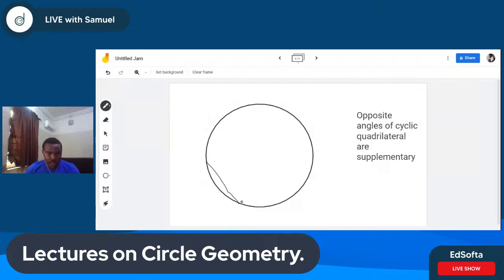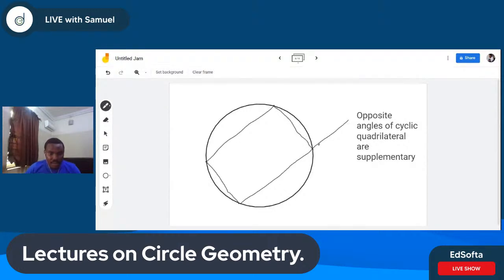If you have a triangle inside a circle also, that triangle can be said to be a cyclic triangle. Whatever you have inside, a pentagon, a cyclic polygon.